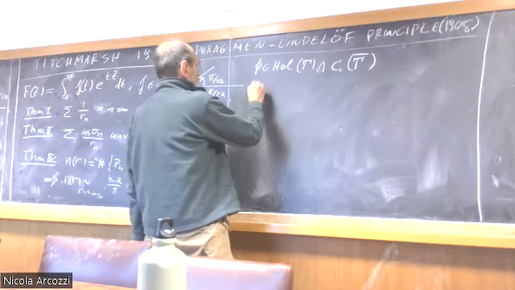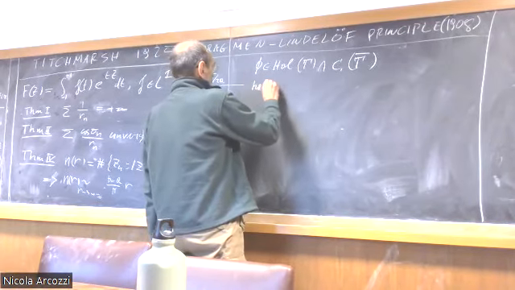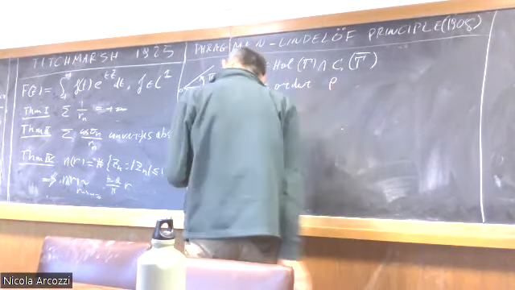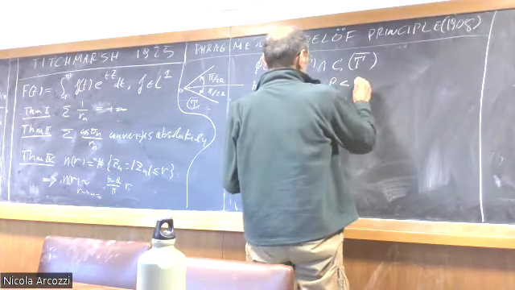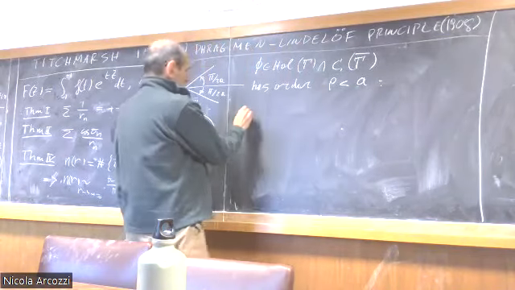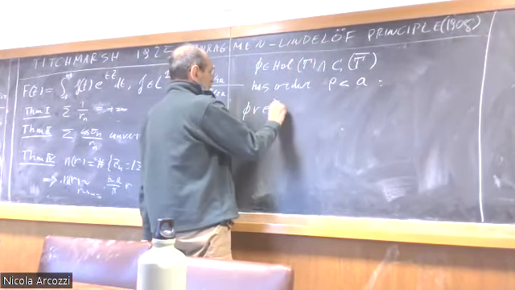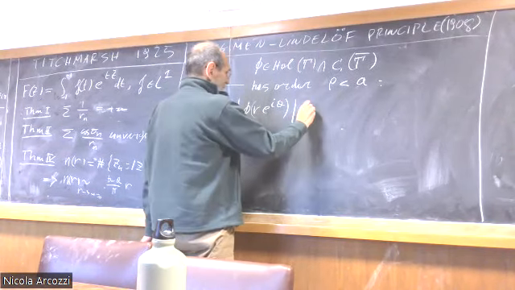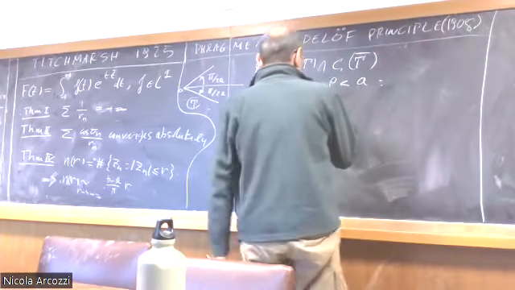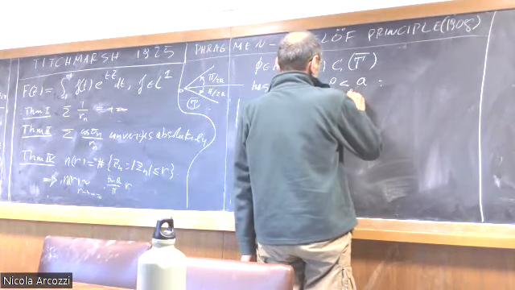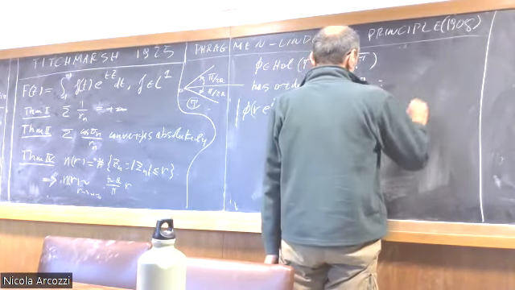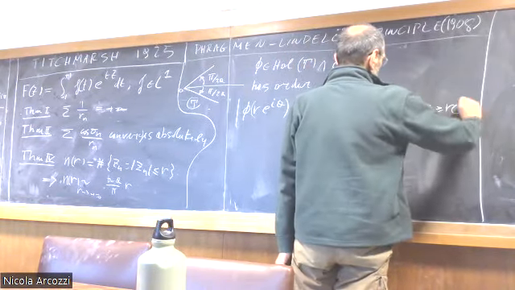Suppose that this function phi has order rho, which is less than alpha. This means that |phi(r e^{i theta})| is less than or equal to e^{r^{rho+epsilon}} for every epsilon and for r large enough.